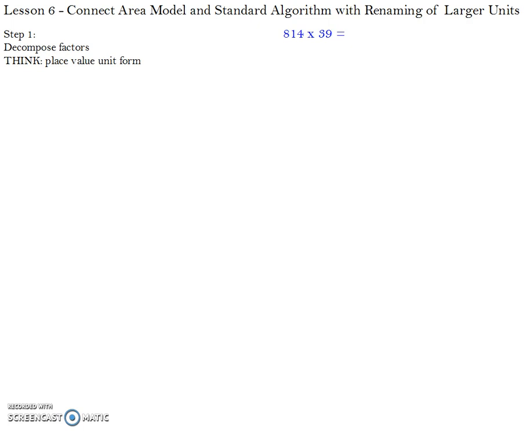Step 1 in our area model is you want to decompose the factors, and here you want to think about place value in unit expanded form. So if we're taking 814, I want to take out the hundreds, so we would have 800 plus, then I would move to my next one.